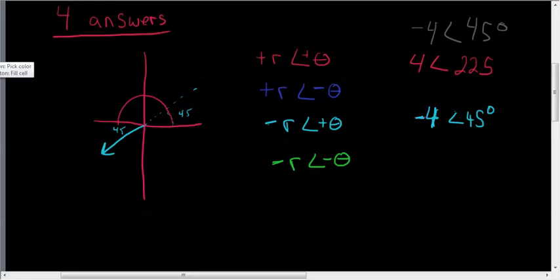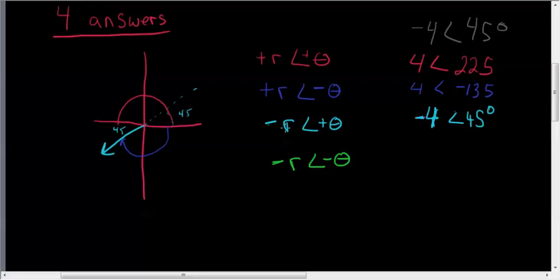All right, well, how do I describe that same one with a negative angle? Well, negative 90, and not quite negative 180, 45 degrees short of negative 180 would be 4 at an angle of negative 135.